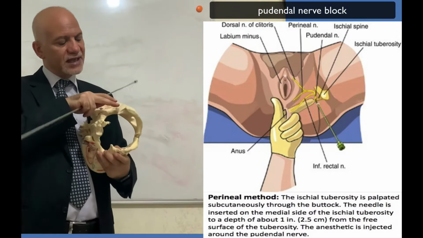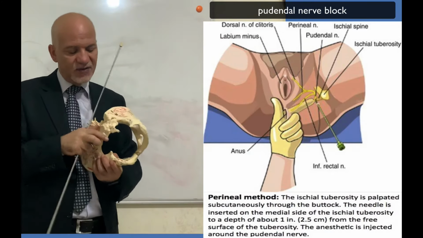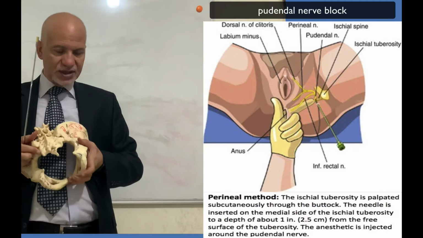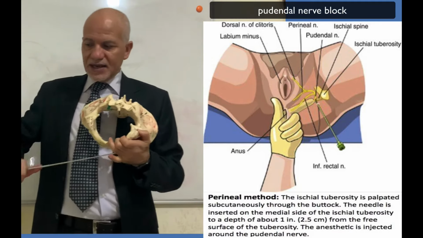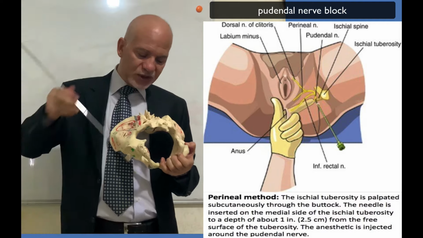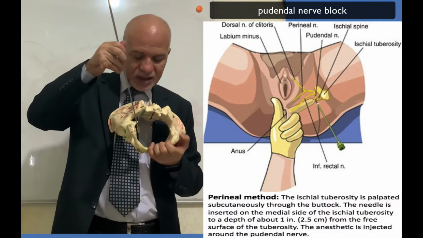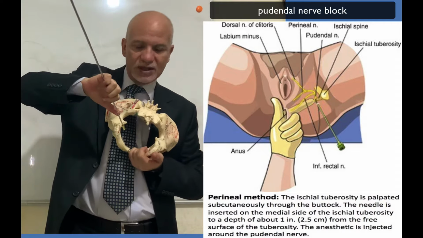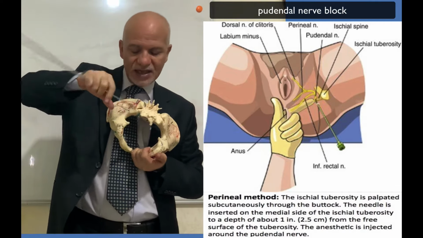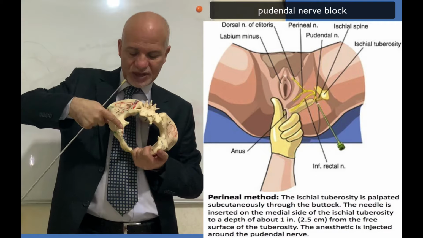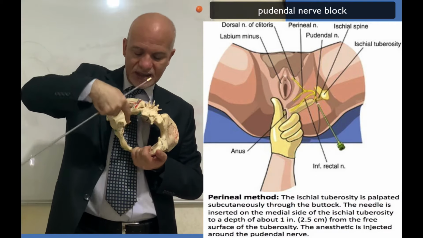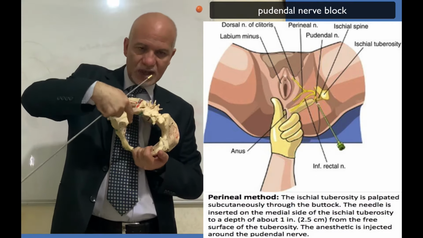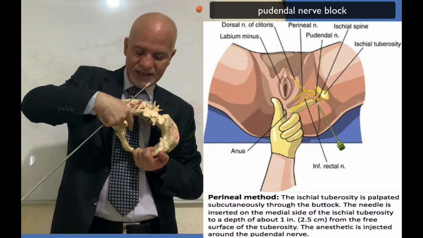Or this is the ischial tuberosity; we can feel the ischial tuberosity. Then medial to the ischial tuberosity, we enter the needle about 2.5 centimeters and inject anesthesia.